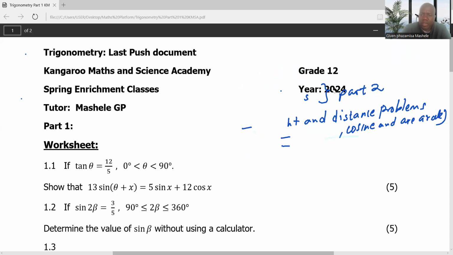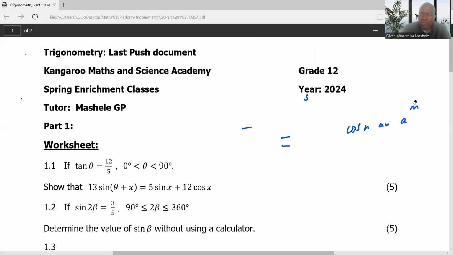Number 1, a learner must know grade 11 concepts. You should know the trigonometric ratios, to know and use them, which you call SOHCAHTOA.